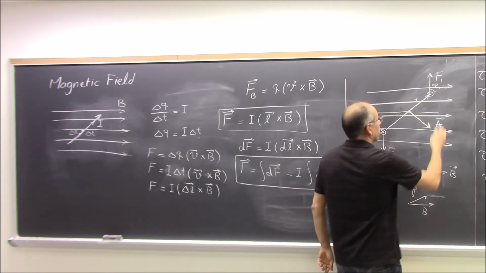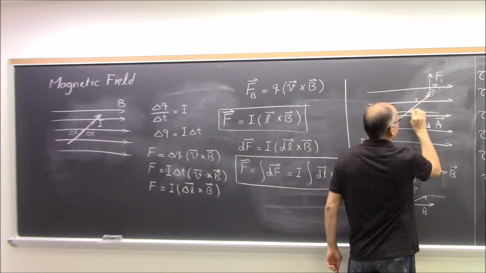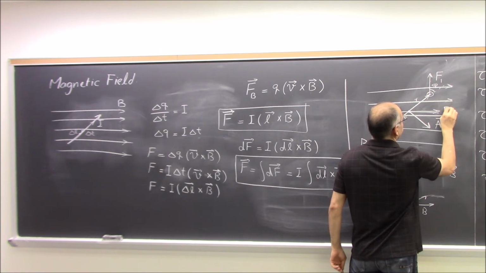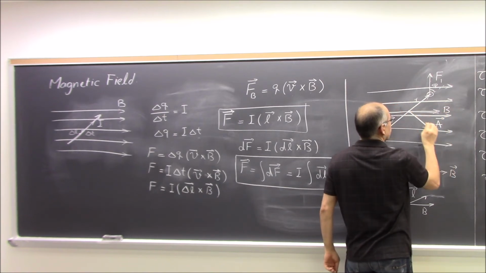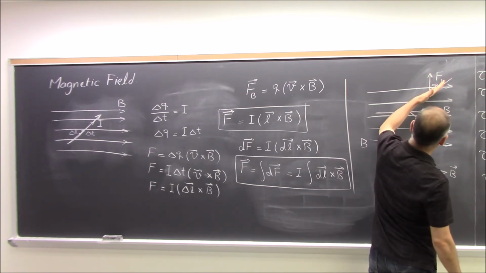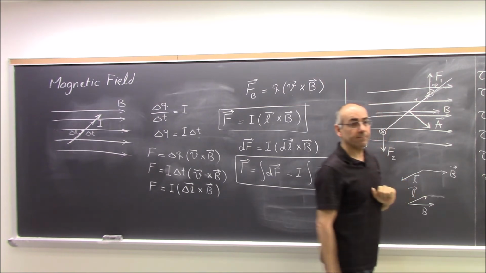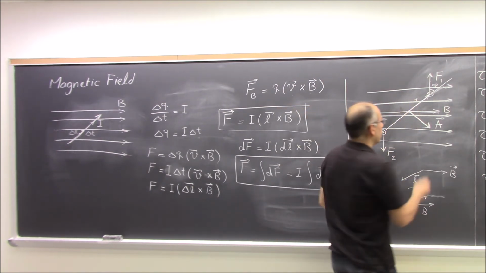All right. So what is this angle of this to the magnetic field? This is B field at this point, and this is the area vector. And you see that this side is perpendicular to this side, and this side is perpendicular to that side. So these two angles are the same. So this is phi.